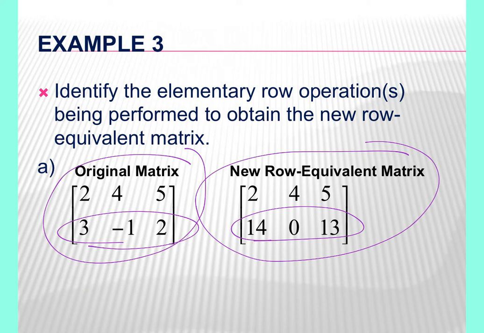Multiply what by 4? Bottom by 4. Let's try it. So 12, -4, and 8, plus 2, 4, and 5. I get 14, 0, 13. Good job. So the way we would write this is row 1 plus 4 times row 2. You could also write 4 row 2 plus row 1. Order there doesn't matter because it's addition.